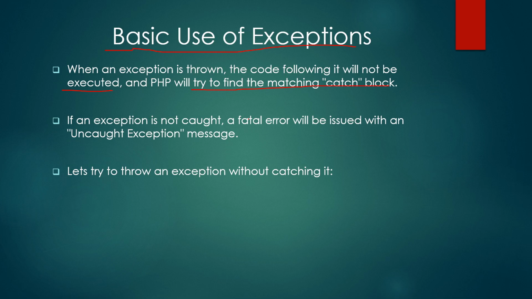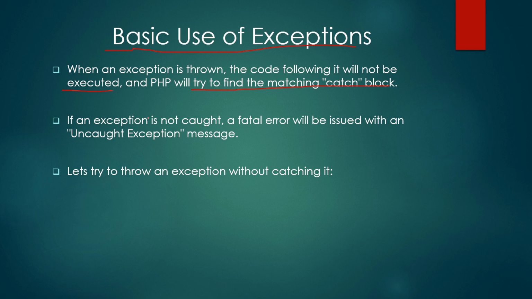So whenever an exception condition is encountered, PHP will look out for a catch block, because it is used to handle that exception. Catch means we are catching that exception, so it is important to write the catch block.